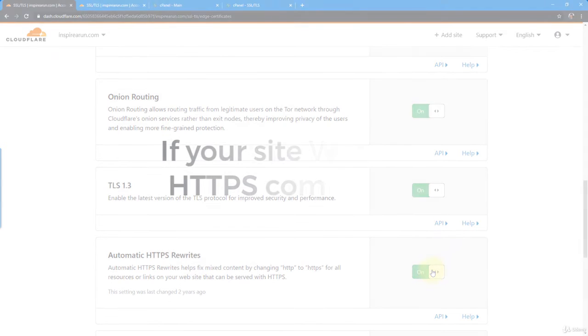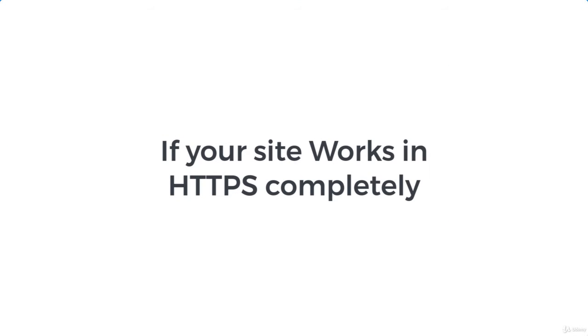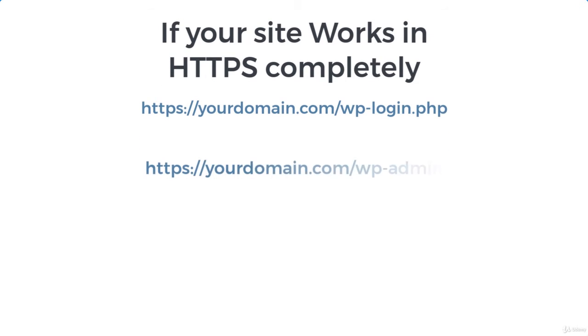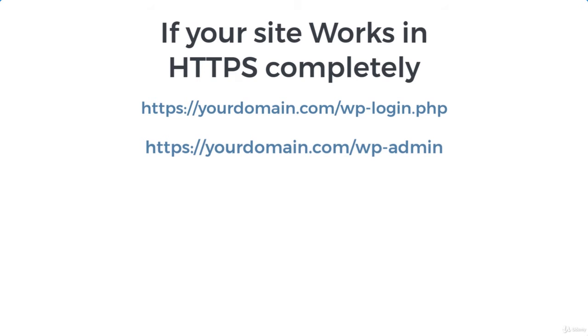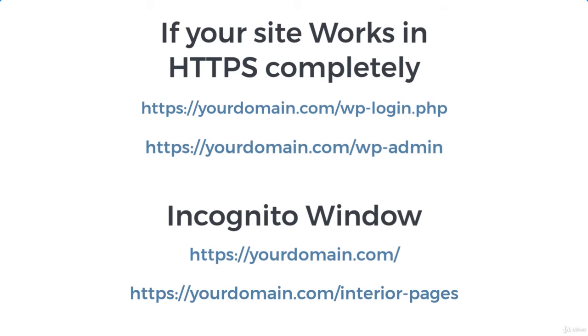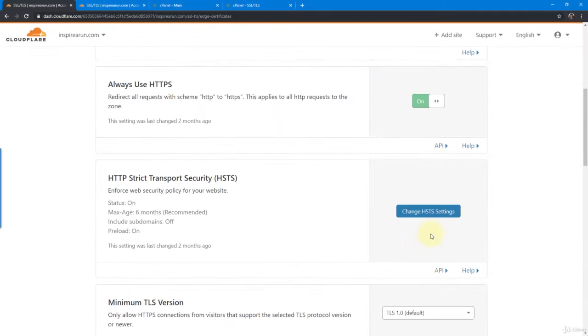But once you have verified that your site is working in HTTPS completely, that is, you need to check the HTTPS version of your login page and WordPress dashboard page or admin page, and the HTTPS version of your home page and one or two interior pages in an incognito window. Once you have done that, you can enable Always Use HTTPS and HSTS.